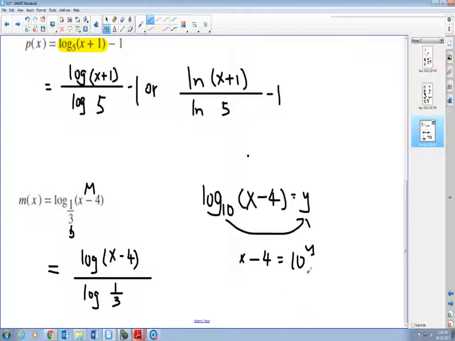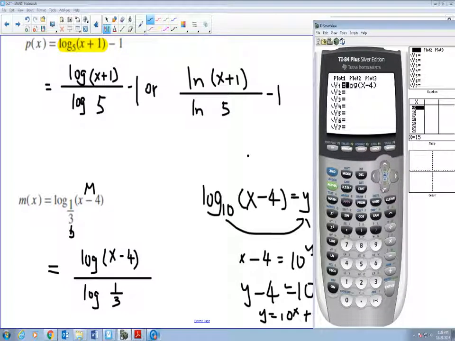Interchange the x and y variable, so that will be y minus 4 equal to 10 to the x. Solving for y, that will be 10 to the x plus 4. So this will be my inverse of that. If I just say 10 raised to the x power plus 4, it'll be right there.